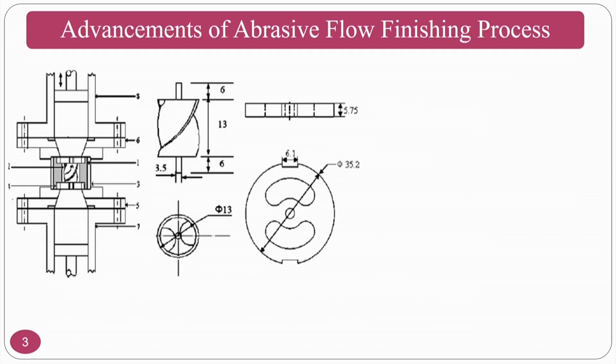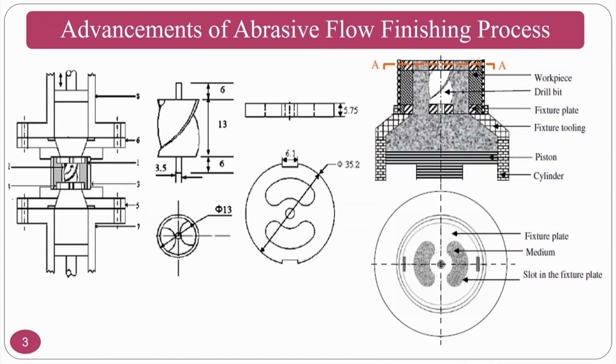One of the advancements that we have seen is the drill bit guided abrasive flow finishing process, wherein the drill bit is placed in between in order to restrict the abrasives from moving at the center of the medium slug, that we have seen. And this can be held loosely or it can be held tightly. I mean to say that the drill bit can be held tightly in the fixture region.